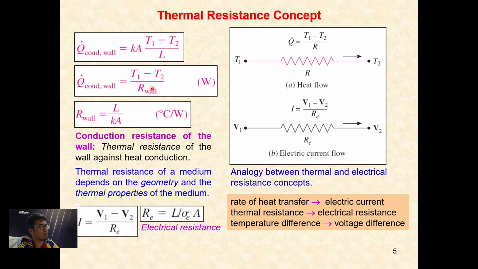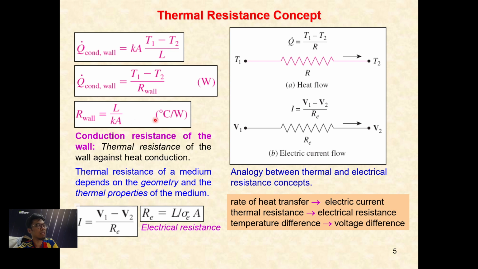What actually is the wall resistance? Just like I said, here we divide by k and A, so the R itself is actually L, the length or the thickness of the wall, or the height or the width of the wall, divided by k, the conduction constant, and A is the surface area of the wall.